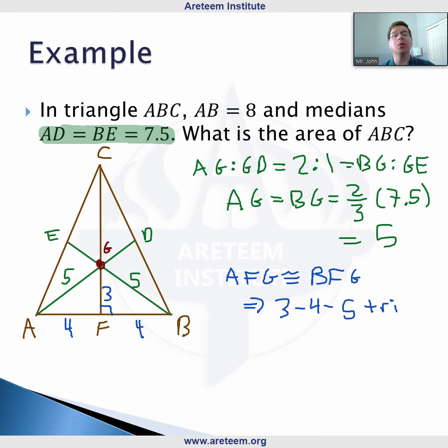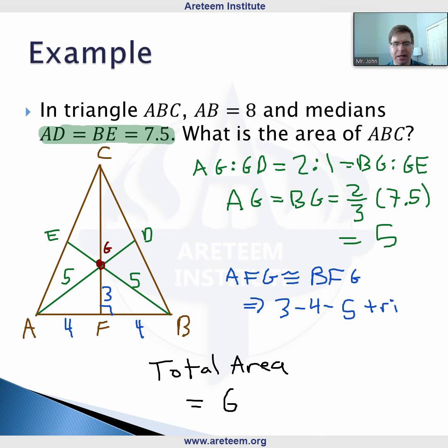Now, there's a couple of ways to finish this problem. From here, we could find the length of CF, that's the height of the triangle, and then use a half times base times height. But just to practice our other fact here as well, since we already know AFG is a 3, 4, 5 right triangle, the total area is going to be 6 times that triangle, right?